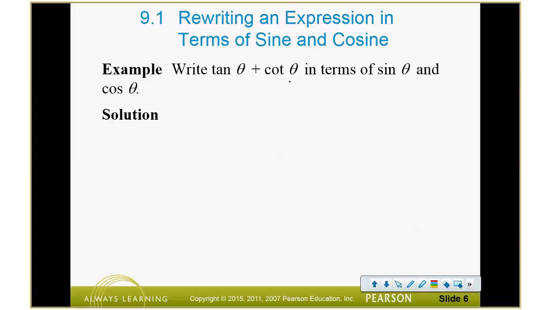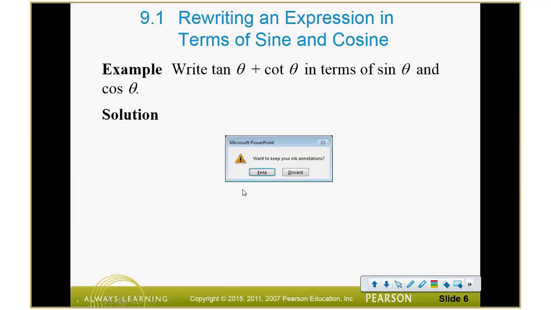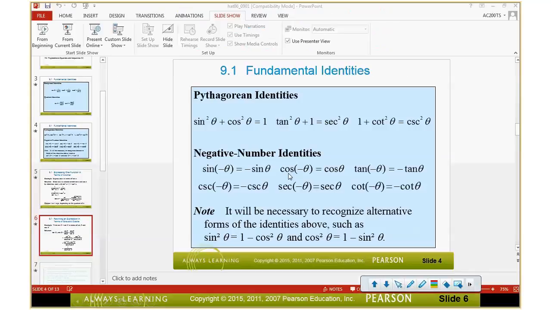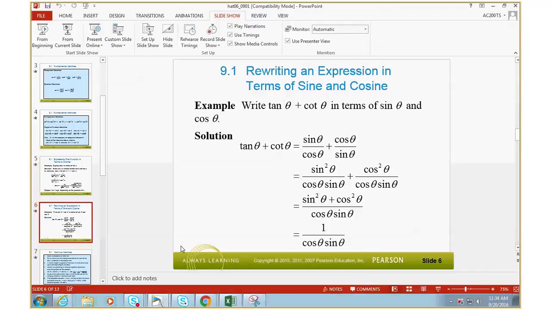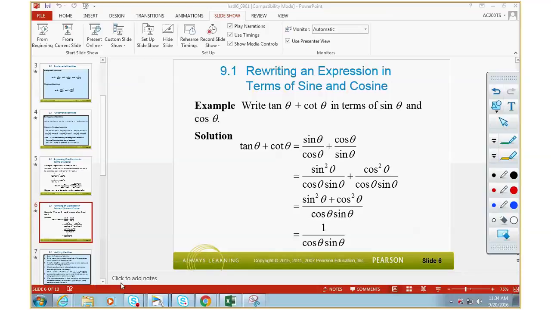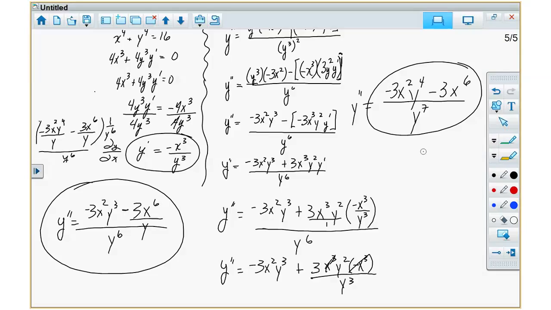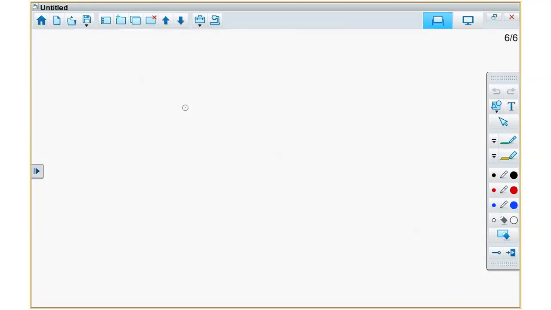Tan plus cotangent. Sine and cosine. And somebody tell me what the problem is so I don't forget it.